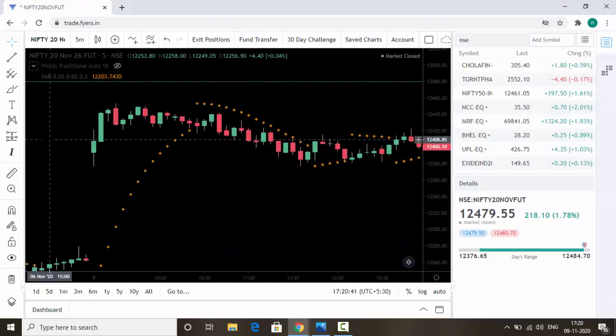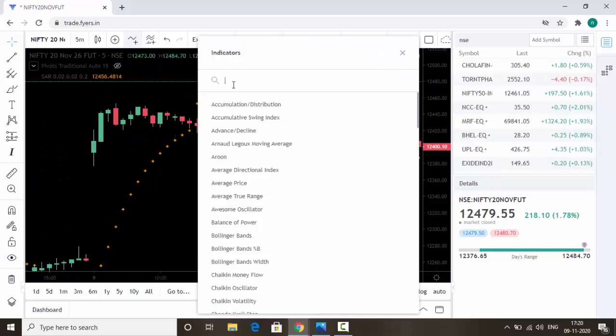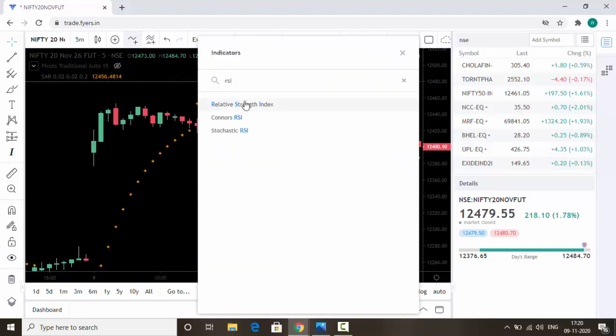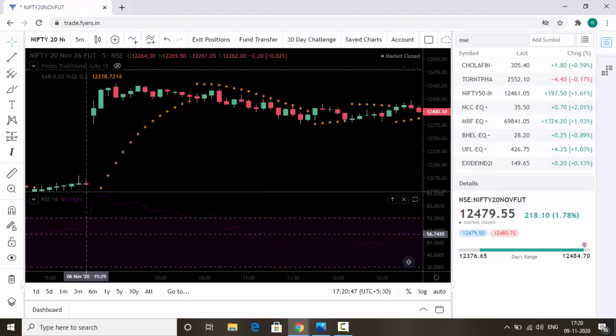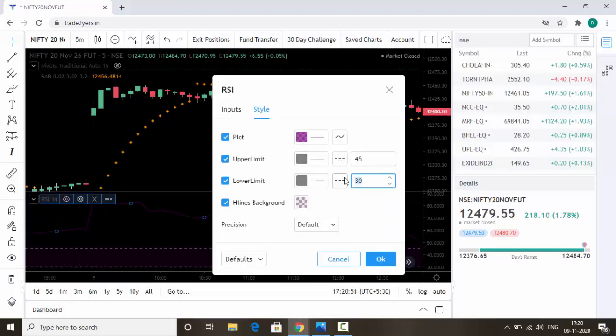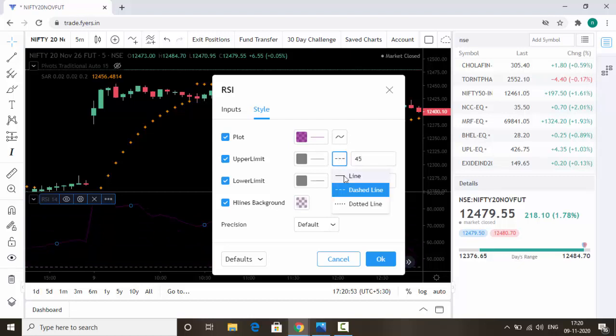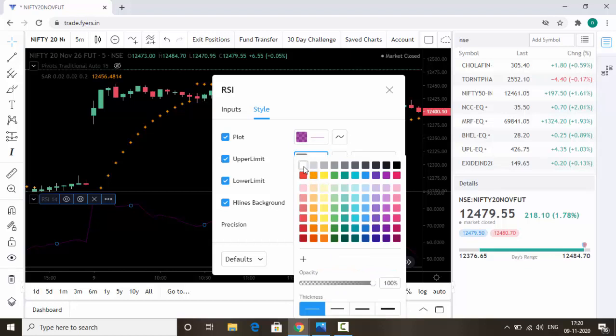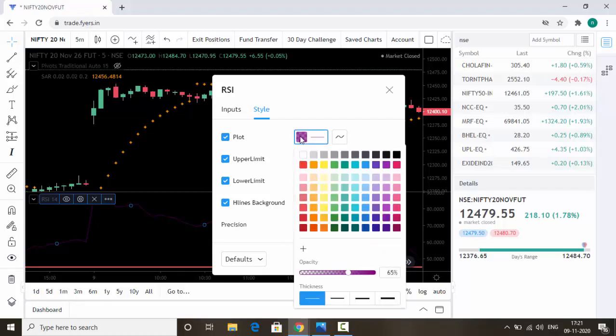This is Parabolic SAR. Now we need to add one more indicator, RSI, Relative Strength Index. For RSI we need to change the value to 45.